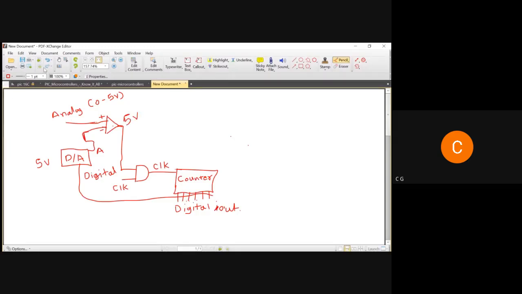Some analog signal comes, suppose of 3 volt or whatever. And there will be some reset pin additionally to reset these.